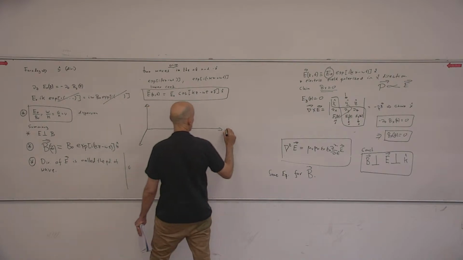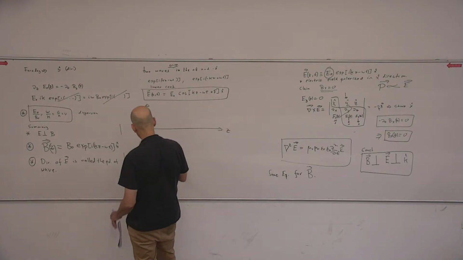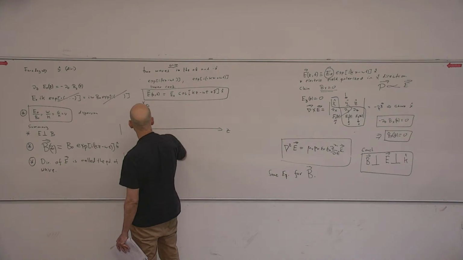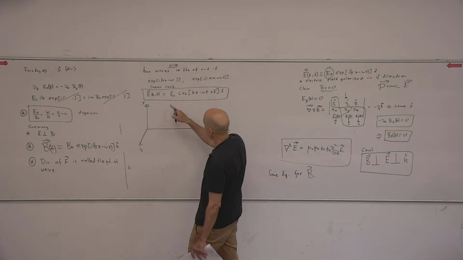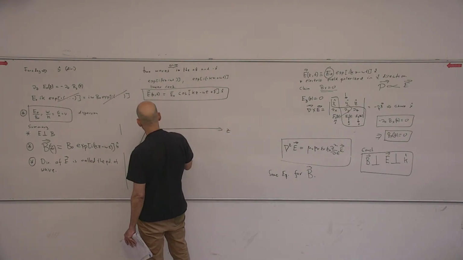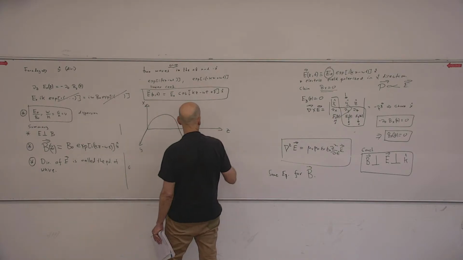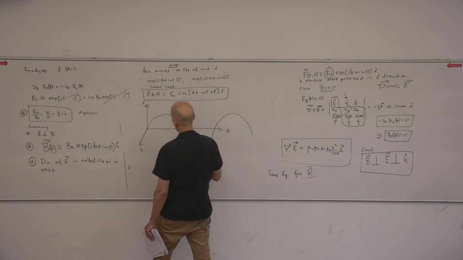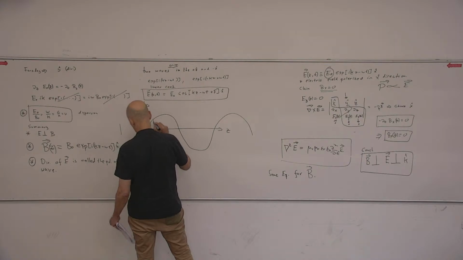We have here the z direction, the y direction, and the x direction. Then you see the electric field is in the x direction, so I choose some delta and some time t here. Hopefully this is clear.